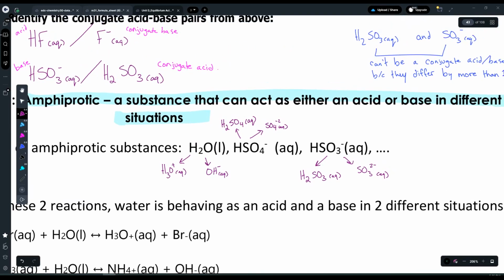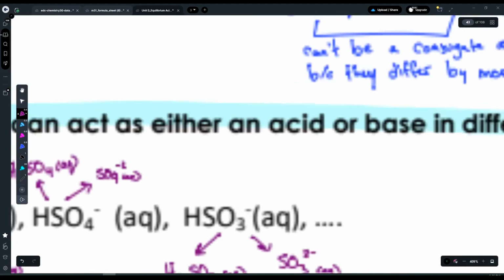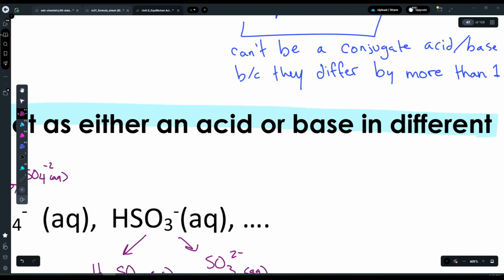Okay, so how all of these are acting either as acids or bases is amphiprotic substances. They either donate or can accept a hydrogen.